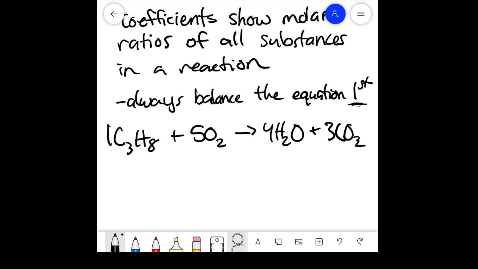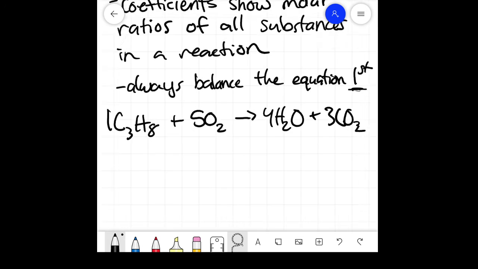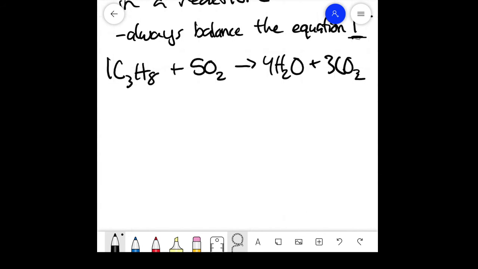Okay. So, in this equation, you can see that I've already balanced it, and I've written a 1 there, just to help when doing the molar ratios. And so, basically, you can do it for any two substances you have in the equation.